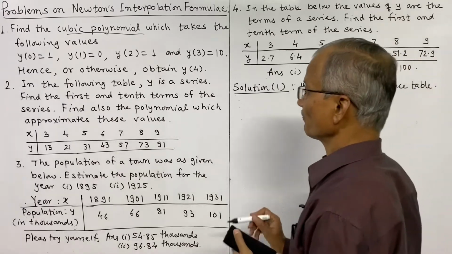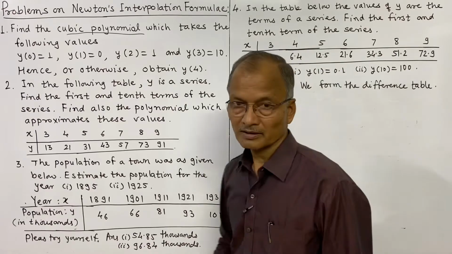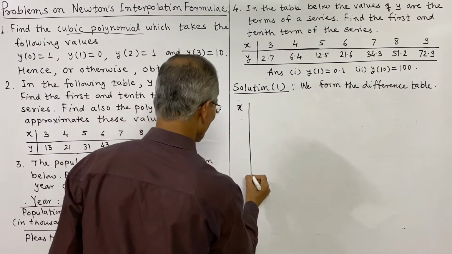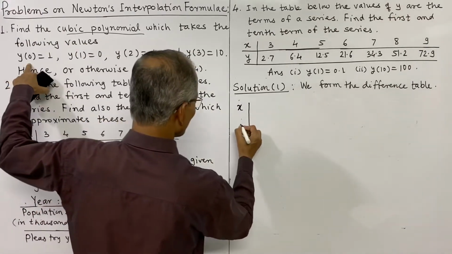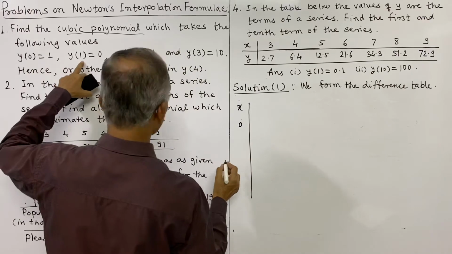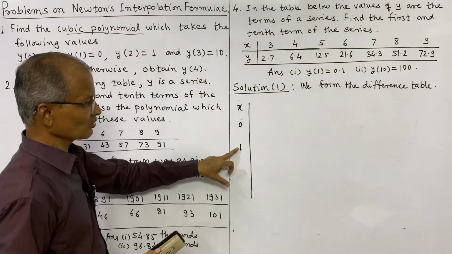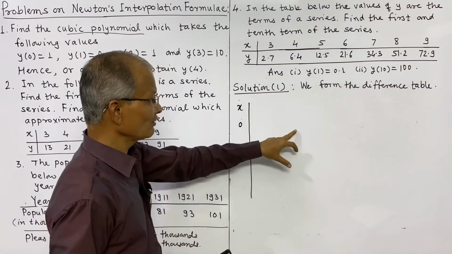The first column will be of x, and the values of x are 0, then 1. We should keep space between these two values, because next we have to write the difference between the values of y here.